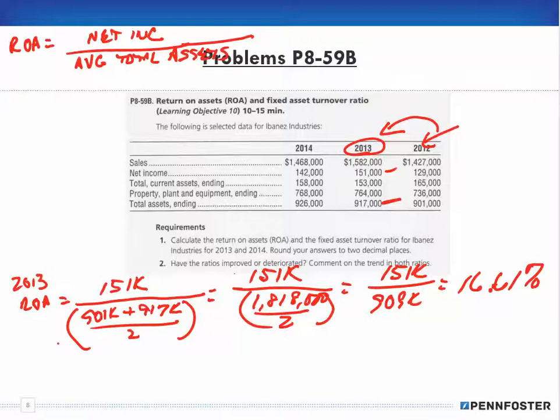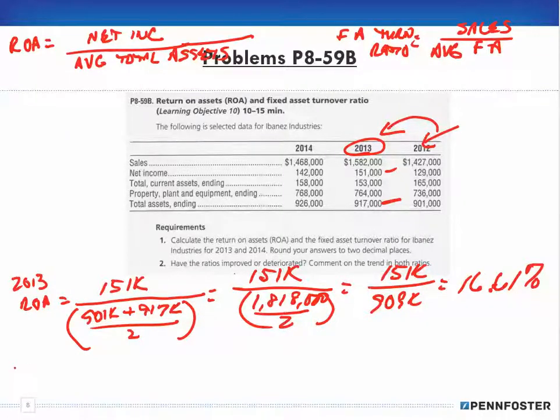Now, for the fixed asset turnover ratio, I have my sales over my average fixed assets.